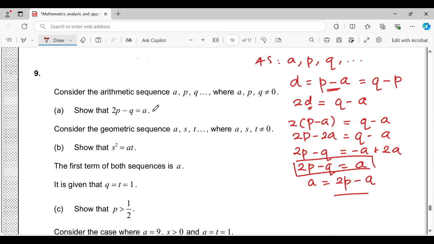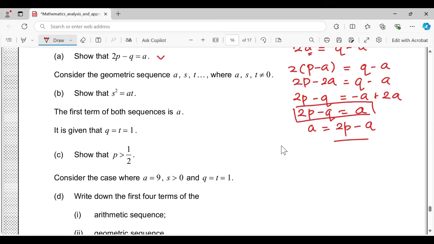Okay, like this equation. Consider the geometric sequence a, s, t, where a, s, t are not equal to 0, so that s squared equals a t. So the geometric sequence consists of a, s, t, and so on.